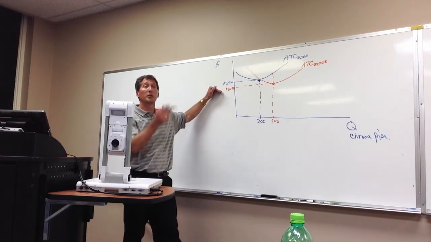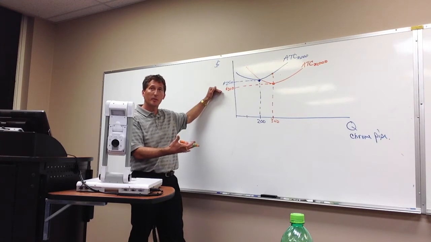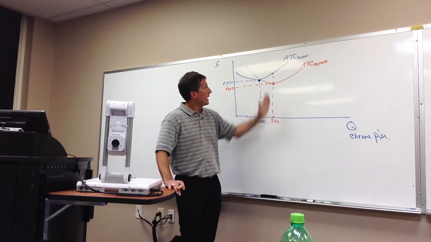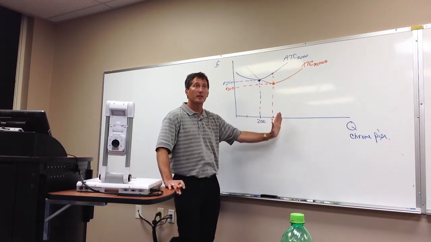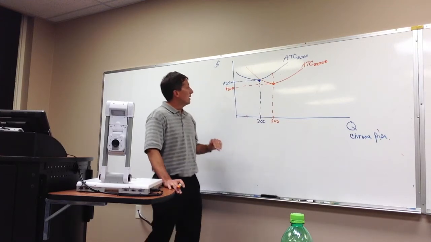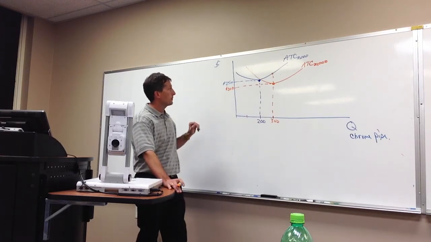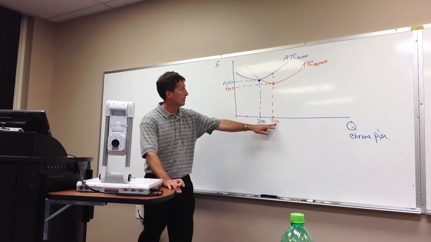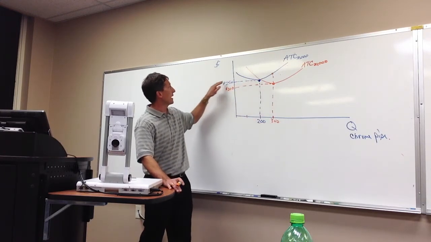But in order to justify that, all those additional variable costs and the additional fixed costs, they have to be regularly going at that higher volume. Because if they fall down, they're back to where they were before.